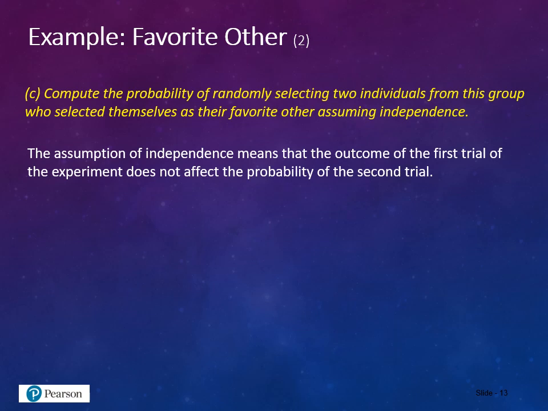The opposite of conditional is independence, that the first case has no impact on the second case. It's like sampling, but with replacement. The last example we did in the alternative approach used sampling without replacement. As soon as we took an observation out, we decreased the size of the sample for the second drawing, if you will.